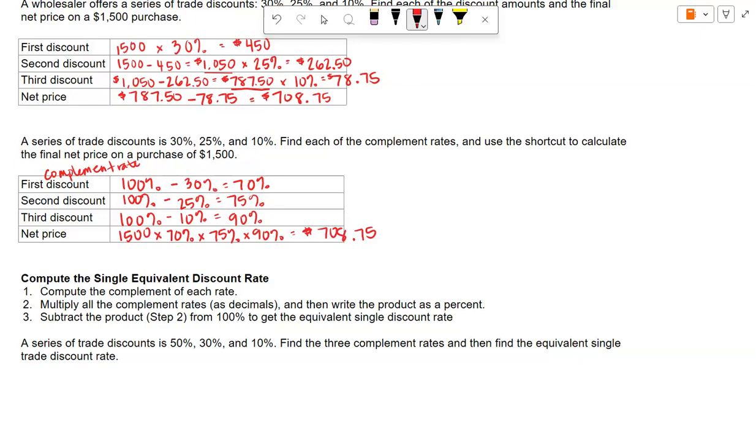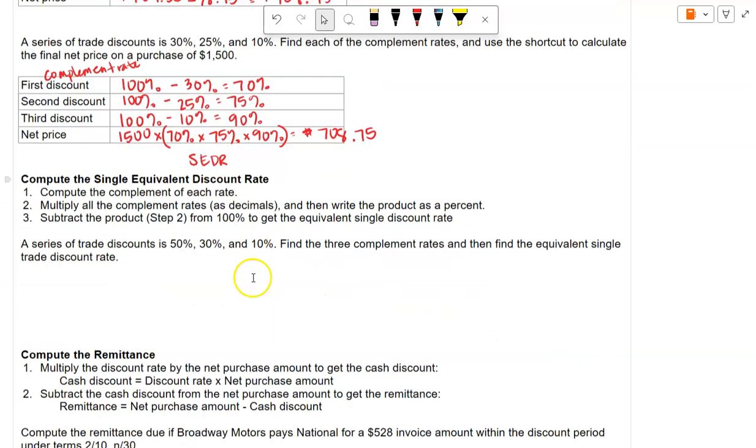Now we're going to calculate what's called the single equivalent discount rate. The single equivalent discount rate is basically all of our complement rates just multiplied together. I like to call this SEDR for short. Let's take a look at this example.